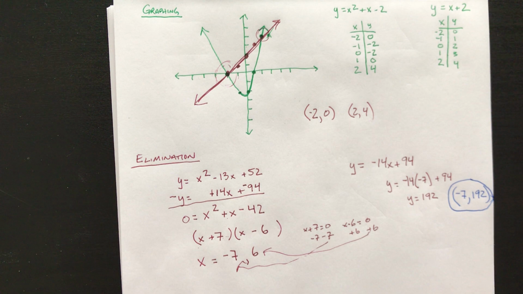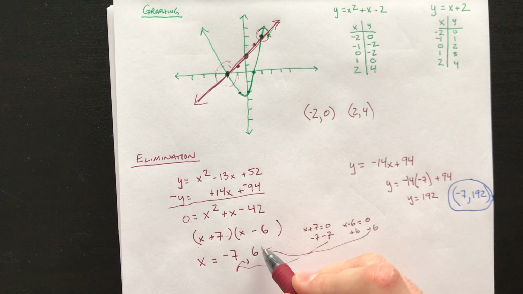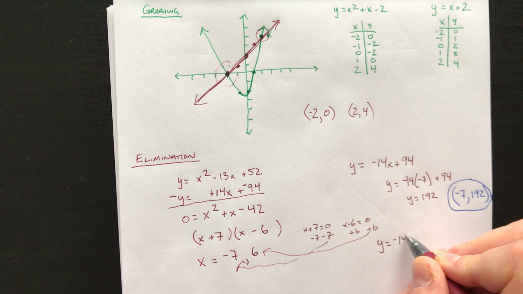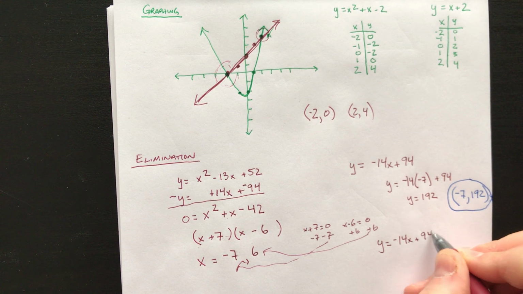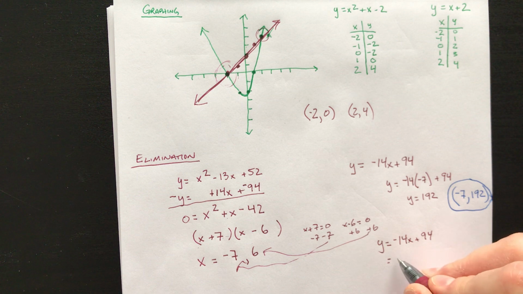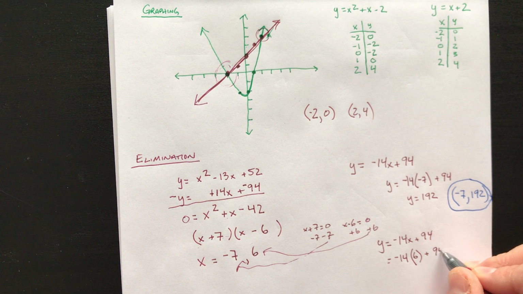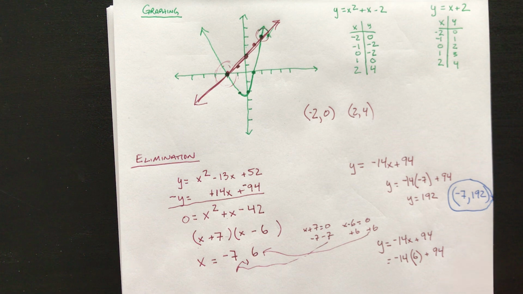All right, now I have to take the 6 and plug it into this equation. All right, so negative 14 times 6 plus 94, all right?